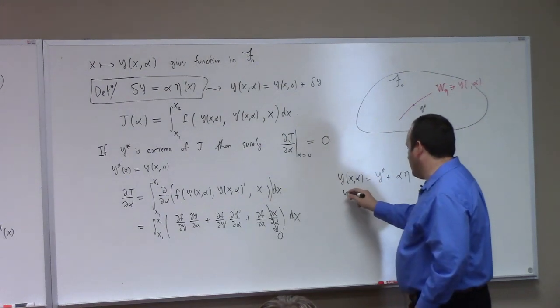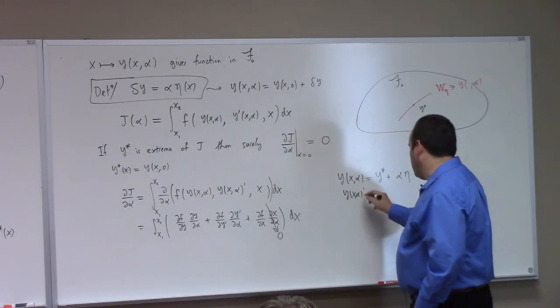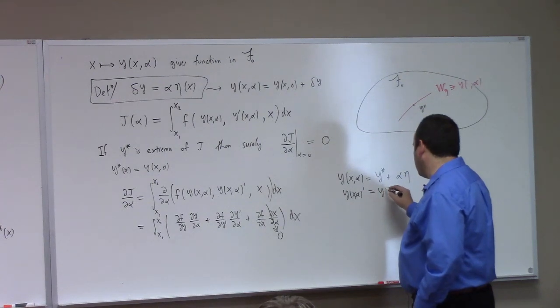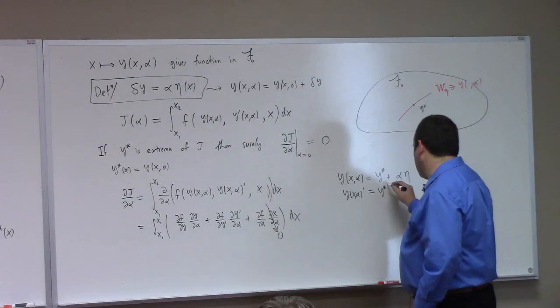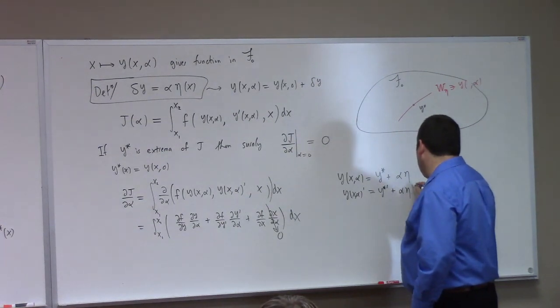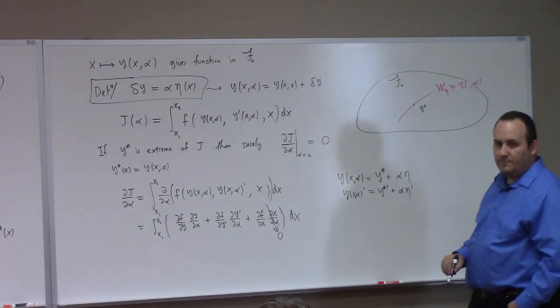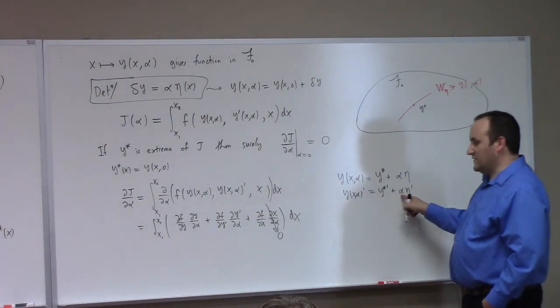So if I differentiate this, it's just, stupid notation, y star prime plus alpha eta prime. Again, there's no x dependence here.